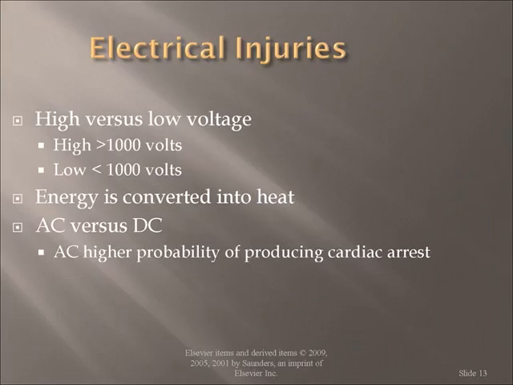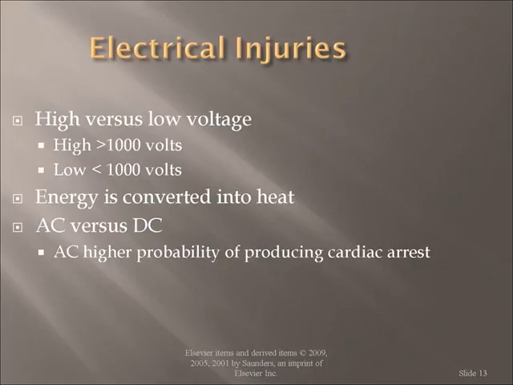For electrical injuries, we're talking about high voltage versus low voltage. Anything that is over 1,000 volts is high voltage, and less than 1,000 volts is considered low voltage. Remember that energy is converted into heat, so electrical burns cause thermal heat injury as well. We have to remember we have alternating current and direct current electrical injuries.